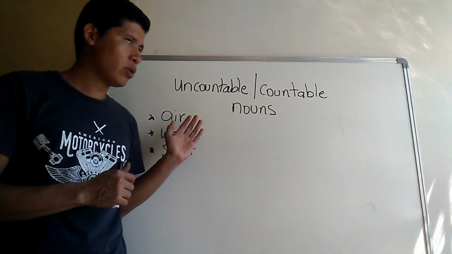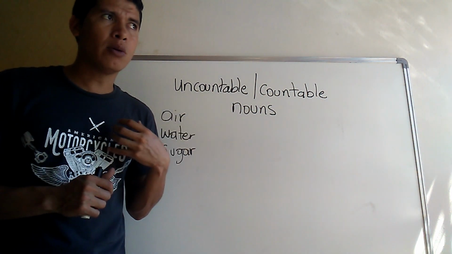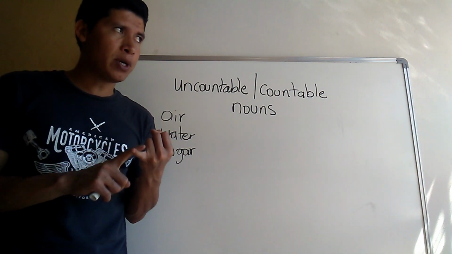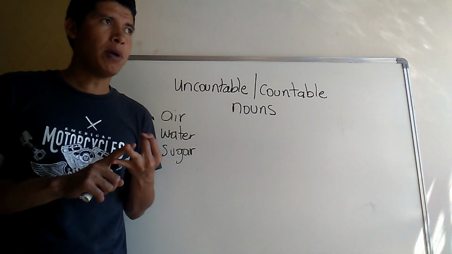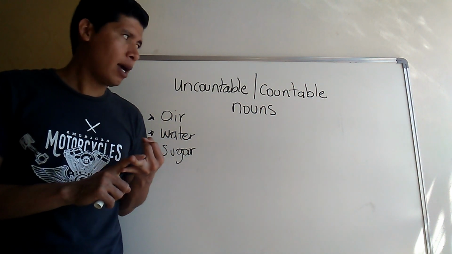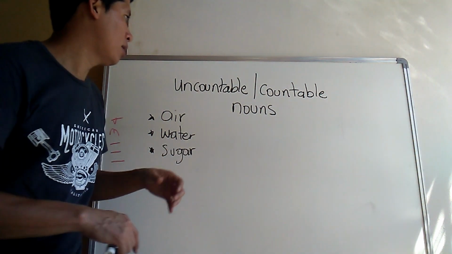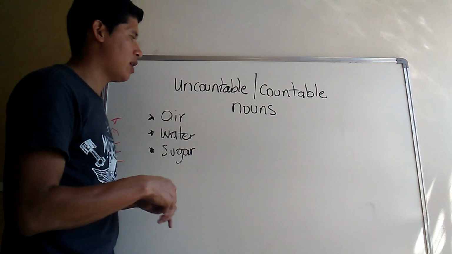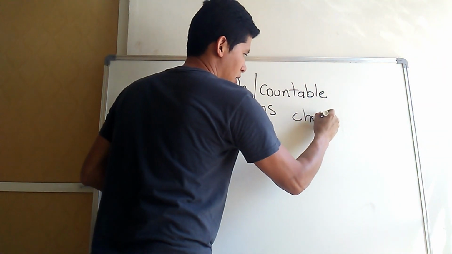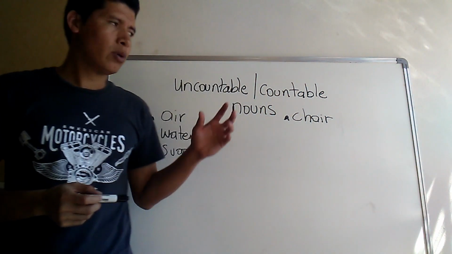With countable nouns we can count. We can take 1 chair, 2 chairs, one person, 2 people, or 1 girl, 2 girls. And that is the reason I can understand the uncountable nouns. For example, a chair is a countable noun. Why?